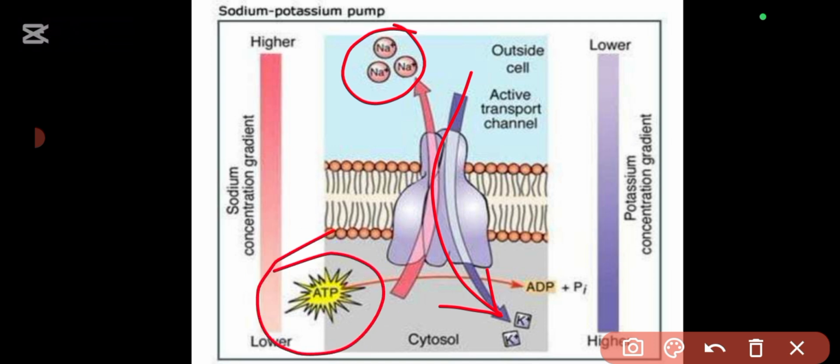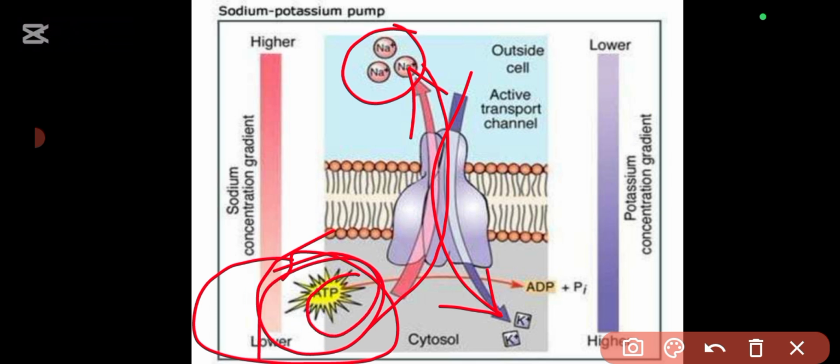So concentration of sodium is higher outside and lower inside. Yet substances such as sodium are still moving out to where concentration is higher. So you see that energy is used up for that reason. You can see ATP is being converted to adenosine diphosphate with the release of a phosphate group.